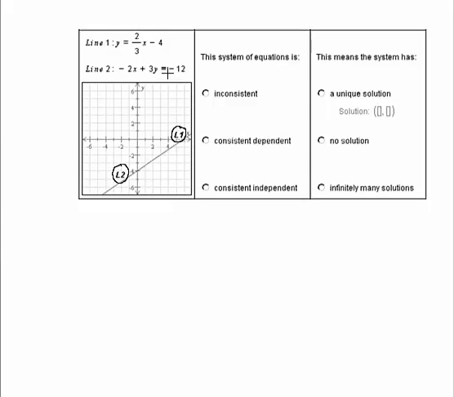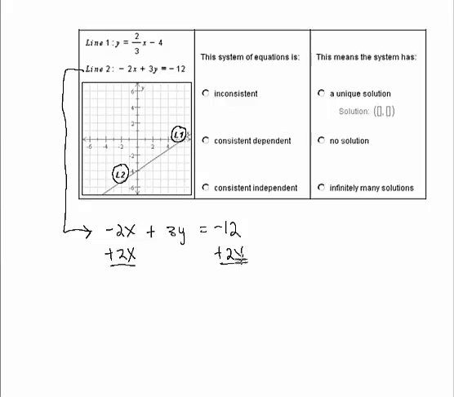Okay, so if you want to double check this and make sure that they're just not really close, you could take line 2. Line 1's already in slope-intercept form, so what we'll do is we'll put line 2 in the same form, and we'll compare it to the first one, which we think is going to be identical.